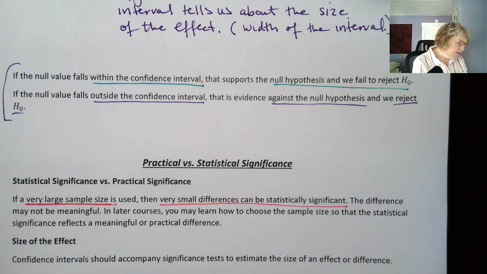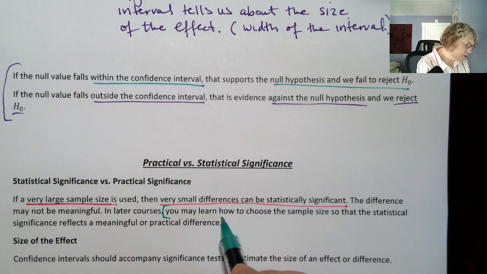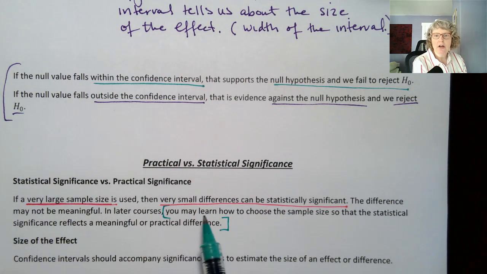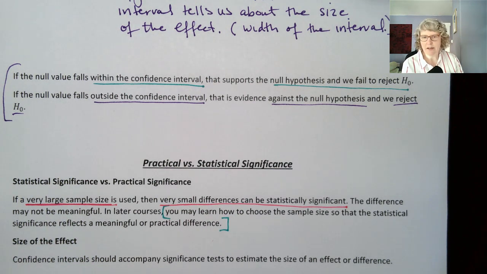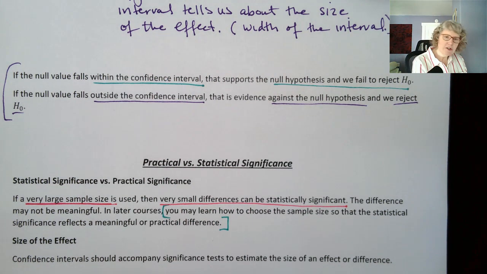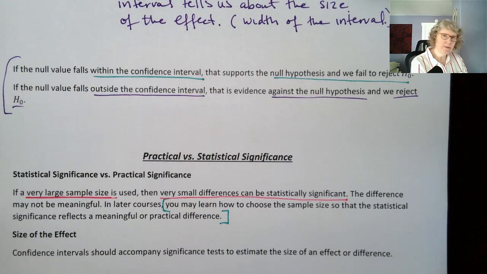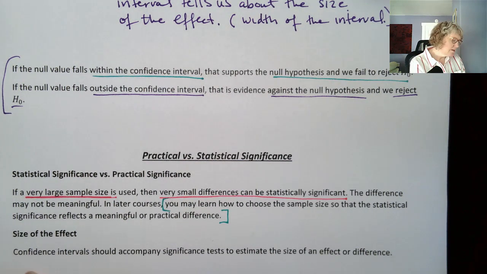So later on, this is beyond the scope of this course. Later on, you might learn how to choose a sample size so that the statistical significance reflects a meaningful or practical difference, okay? And then I just put a note down here, which is what we wrote about the confidence interval, the size of the effect.